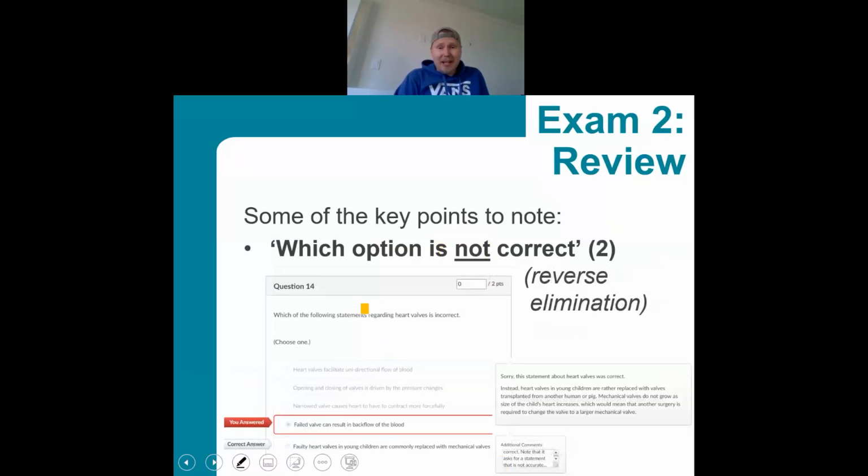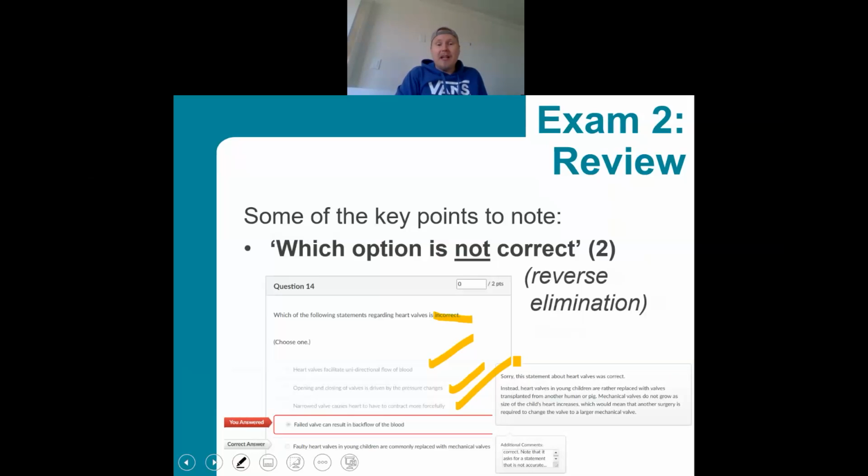I had another one where, rather than saying "not," it was just hidden there as "incorrect": statements regarding heart valves. So it might be that you were looking at the question quickly and you were like, oh, that's true about heart valves, that heart valves facilitate the unidirectional flow of blood. That's correct. Or that the opening and closing of them is regulated by the pressure changes, or that a narrowed heart valve can cause the rest of the heart to contract more forcefully.